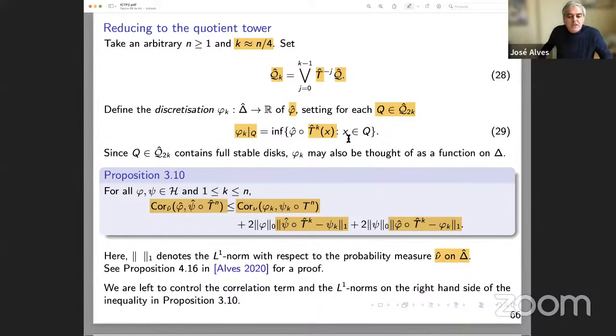When you iterate a lot, we are taking iterates much higher, it's double the iterates we take here. So there's still some refinement there, and so we can control this L1 norm term. So we have three terms that we need to control now: this correlation term and the L1 norm terms. That's the way I will refer to them.